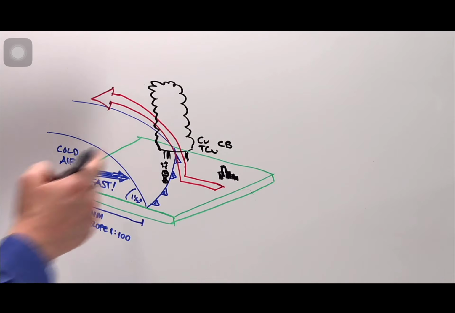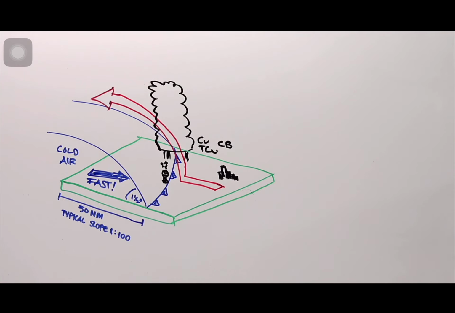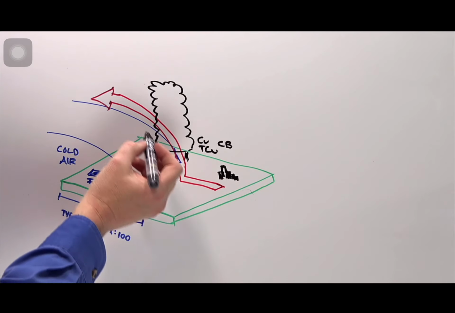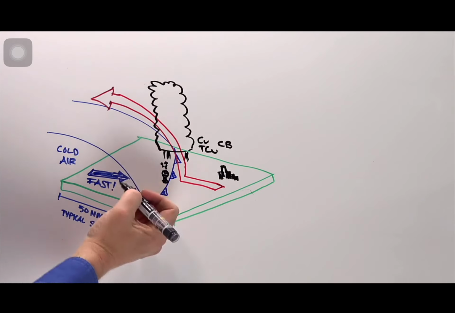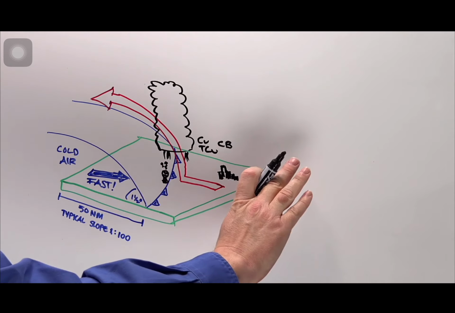Now, what about the clouds after the front has passed? Well, if I think about the TCU, CU, CBs, the clouds will continually get higher because the slope steepens, right? So if I'm the city, this moves over top of the city.